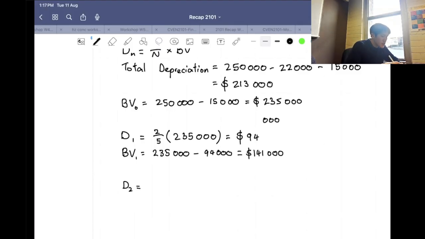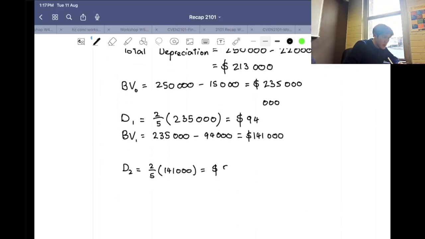So to find the depreciation of year two, we would do the book value of the previous year times 2/5. So 141,000 should give you 56,400.